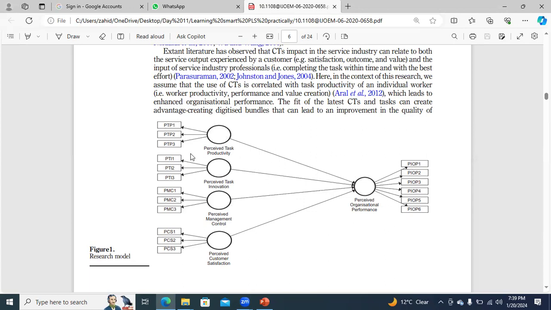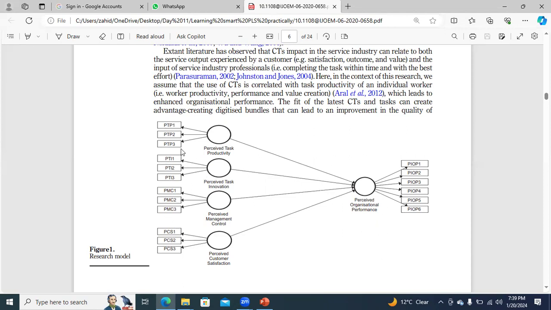One thing I want to revise here is that we use reflective constructs when we find a correlation between the indicators. So there might be a high correlation between PTP1 and PTP2, PTP1 and PTP3, PTP2 and PTP3, and so on, with similar consideration in the other indicators also.